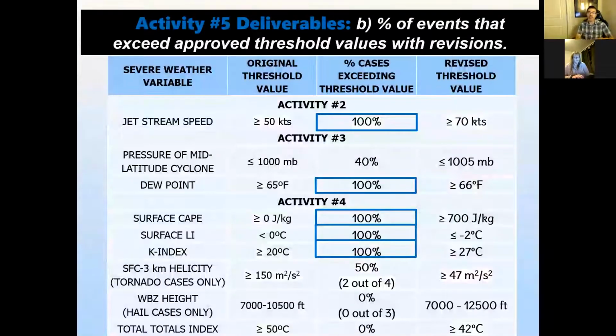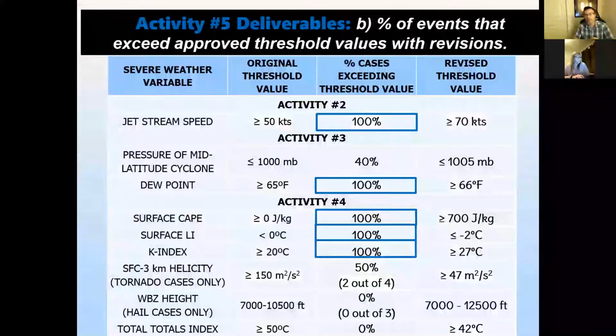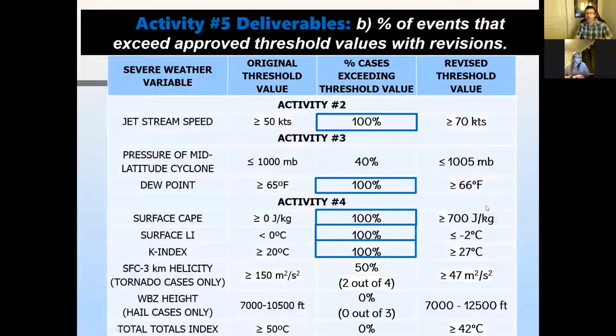Now, finally, this is an option to you. One of the things that we also like to do is ask the question, do you want to tweak? Should you revise the threshold values? It's well known that a dew point greater than 65 is conducive, you get a lot of moisture, so that's conducive to thunderstorms and severe thunderstorms.